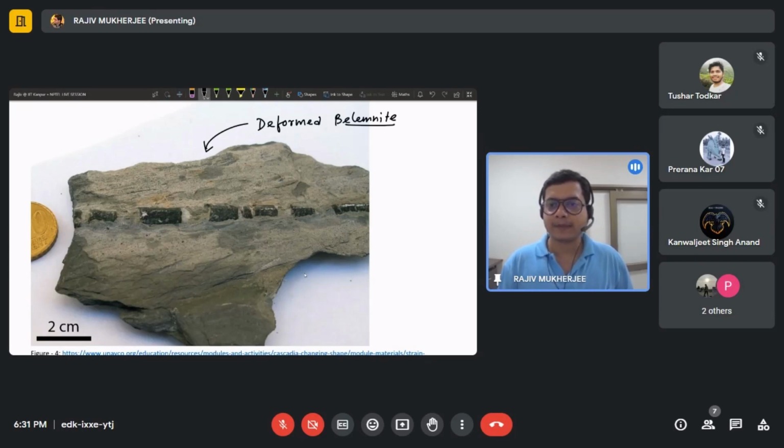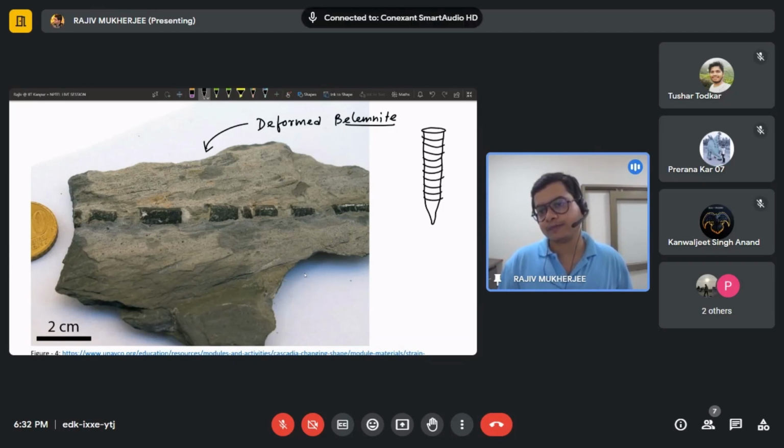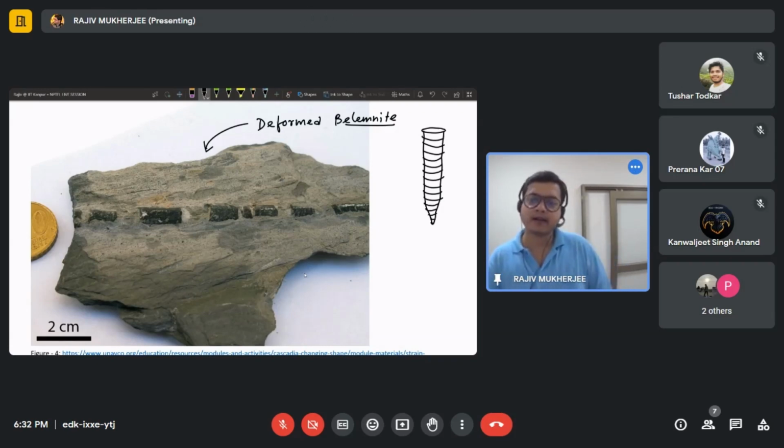Now belemnites are test tube shaped gastropods like this. So these are the shapes of these belemnites. It is a strain marker, right?